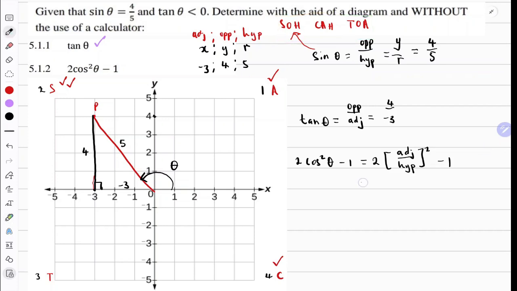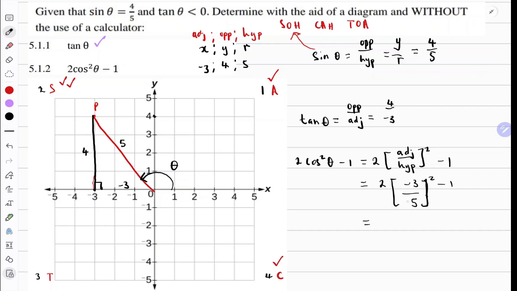So this is equal to 2. The adjacent side is -3 over the hypotenuse is 5, squared, minus 1.